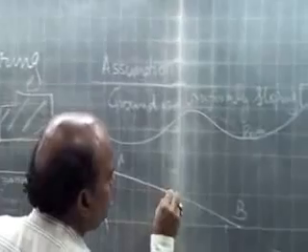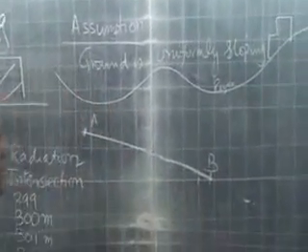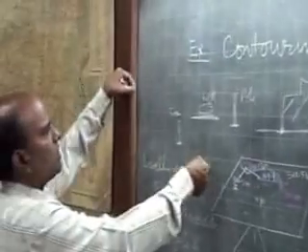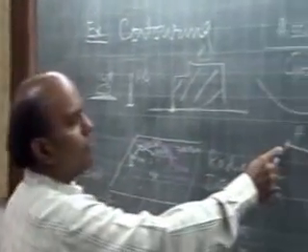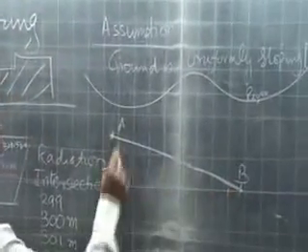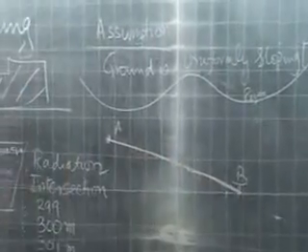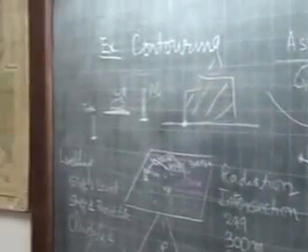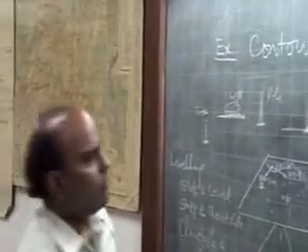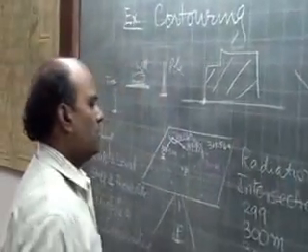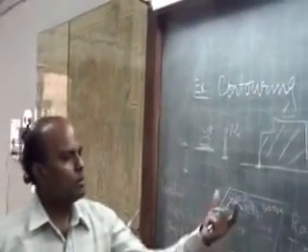So you use simple linear interpolation techniques, that the ground is uniformly sloping, we know the distance, we know the elevation of one point, we know the elevation of the second point. We can simply divide this distance and work out what will be the required elevation. So this is the way to do the contouring.